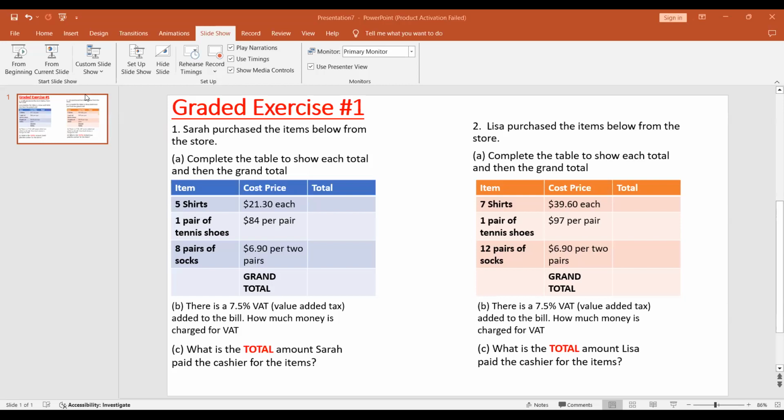Good. Now divide by 100. I divided by 100. And so what is it? I got 16.3575. Good. Now round to 2 decimal places.